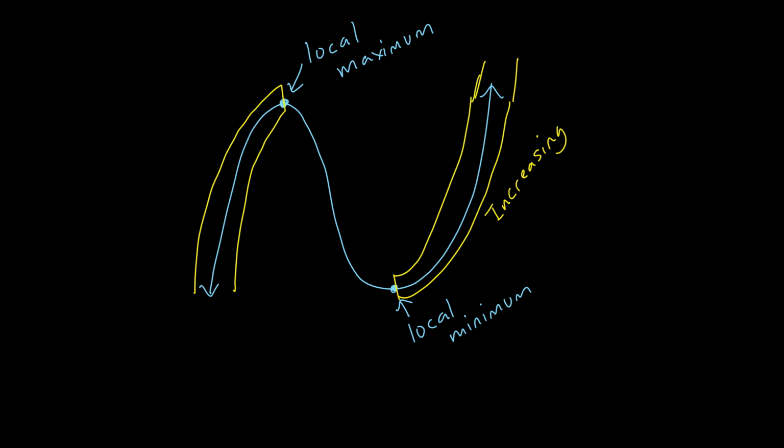Oh, now I'm decreasing. So this is decreasing here. This is increasing. Any questions about the general way to find local max, local min, increasing and decreasing?